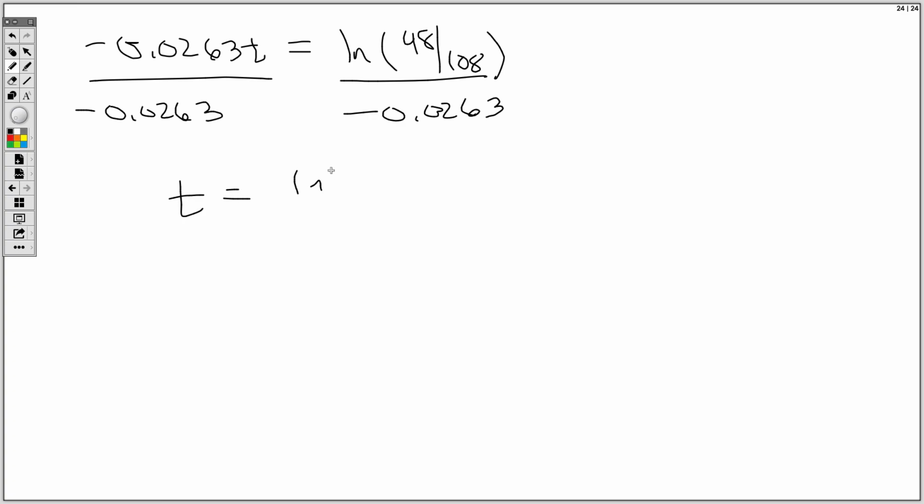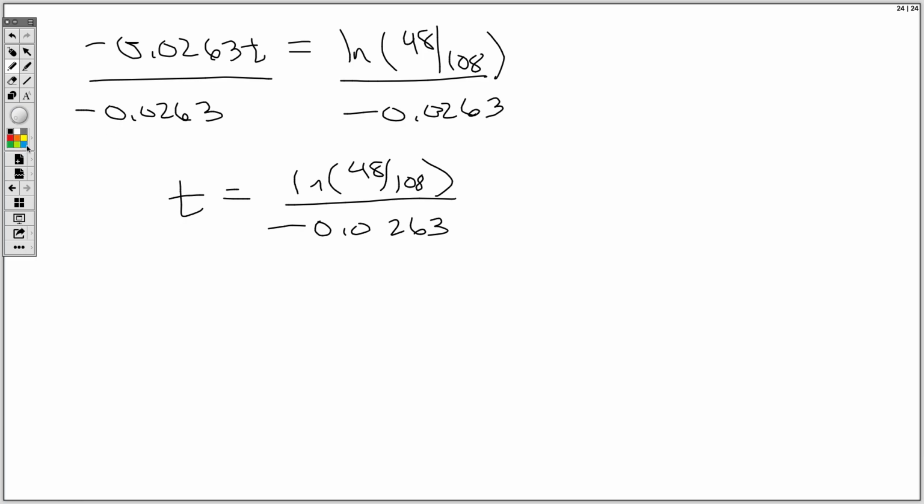So t is the natural log of 48 over 108 divided by negative 0.0263. And remember, t is supposed to be the amount of time it takes for the coffee to cool to 120 degrees. It started at 180 degrees. The room temperature is 72 degrees. So at some point it should get to be 120 degrees.